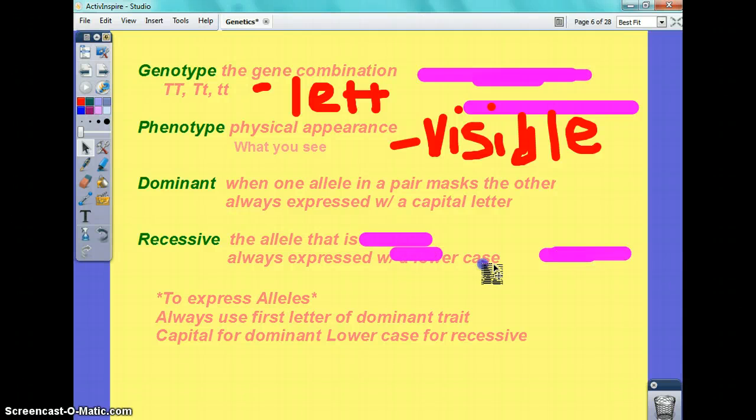You actually need 2 for it to be visible. It's always masked by the dominant, and it's always expressed with a lowercase letter. Now, how do we pick the letters? You're always going to choose a letter of the dominant trait to be the letter choice. And the dominant trait will be the capital letter, and the recessive trait will be the lowercase letter.